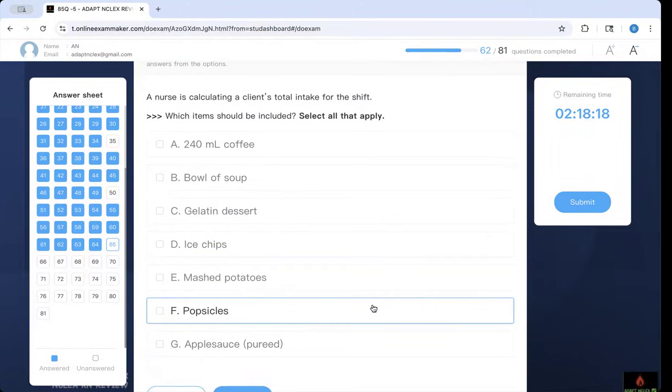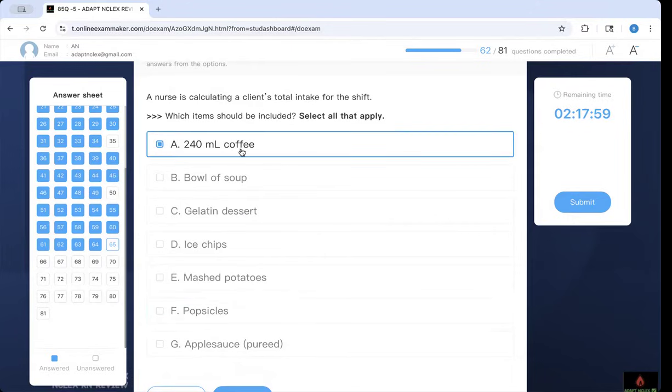And this is calculating a client's total intake for the shift. Which item should be included? When you see questions about intake, the buzzword is: if you can pour it, it's good. And if it's a liquid, or it can melt, it's good. Otherwise, anything you cannot pour, you can pick up. Coffee, I can pour it.